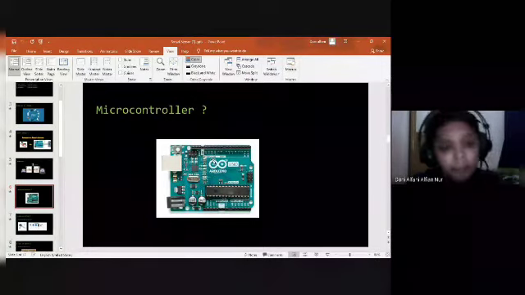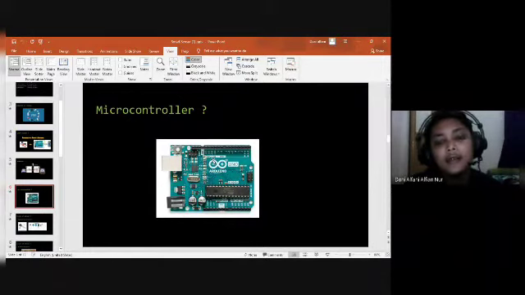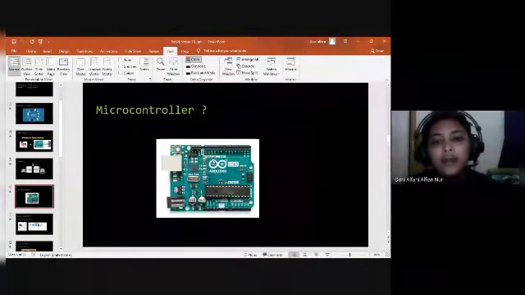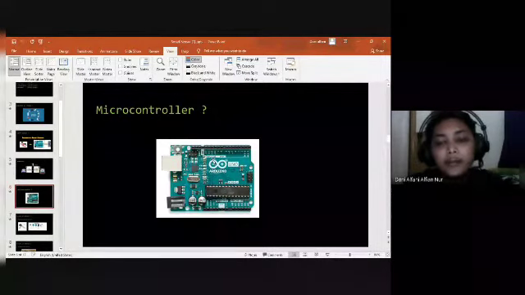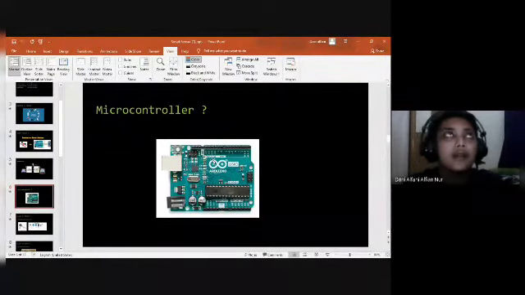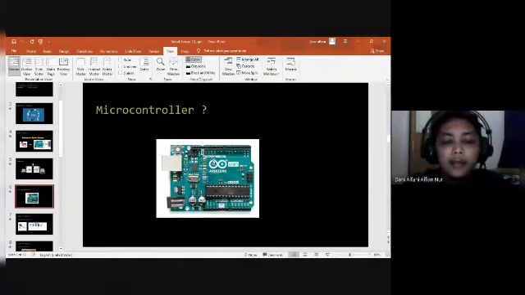Basically, a microcontroller IC consists of one or more processor cores or CPU, memory or RAM, and programmable input and output devices.